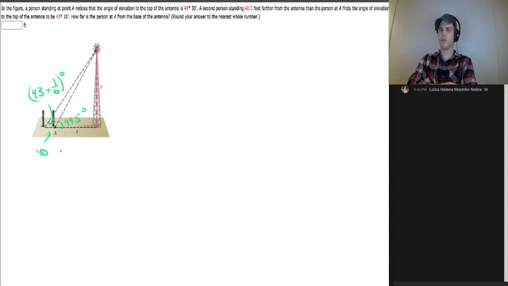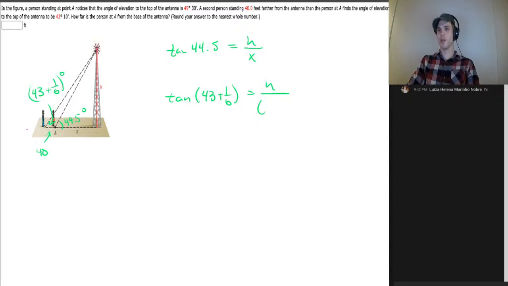So let's see, the tangent of 44.5 is equal to h over x, and the tangent of 43 1/6 degrees equals h over this bottom side here, which is 40 plus x.